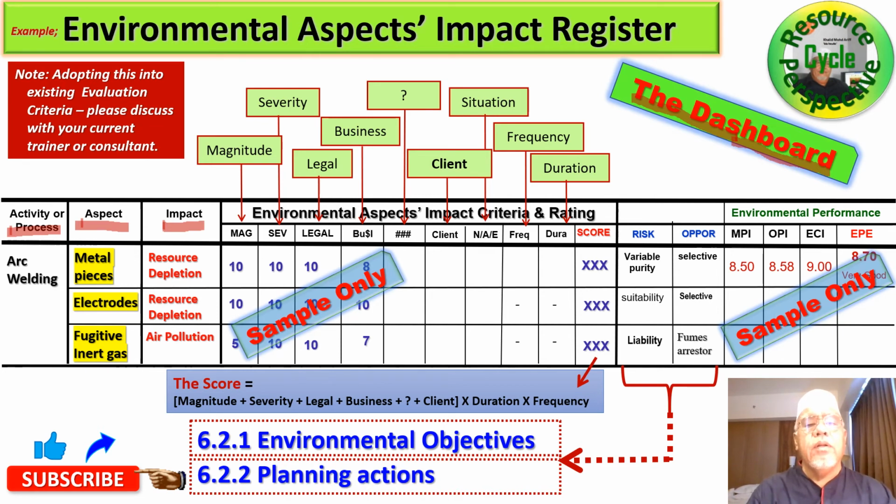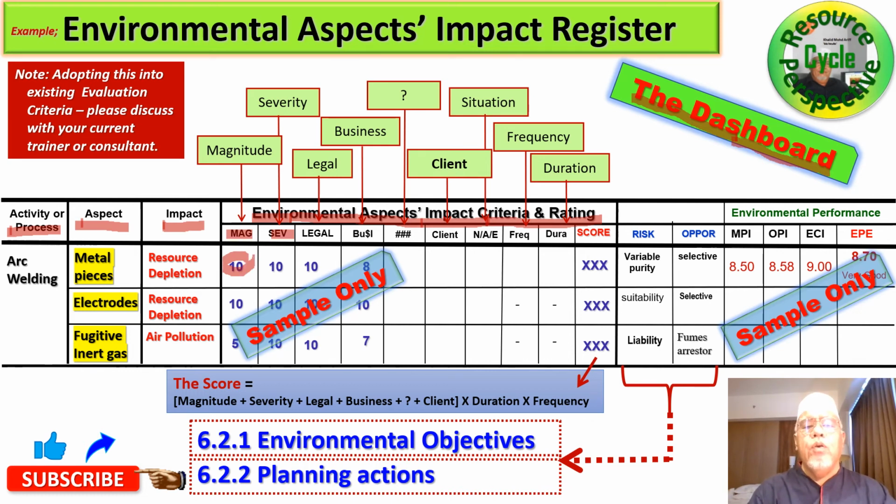And what you see now that I'm highlighting is the environmental aspect evaluation, to determine which environmental aspect is more significant by virtue of having criteria. We call this environmental aspects evaluation, or aspects impact evaluation criteria. Here is the magnitude, severity, etc., with numerics like this. These are just examples.